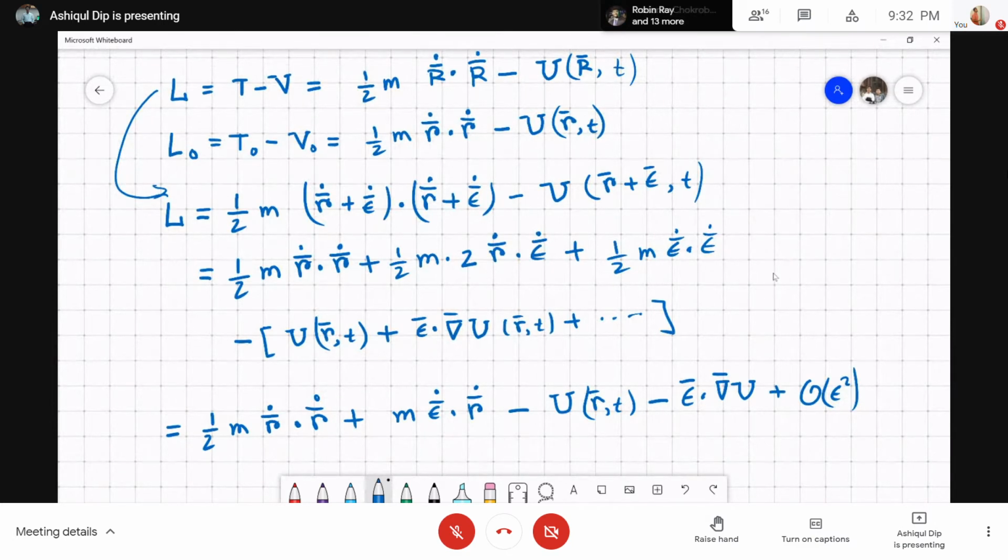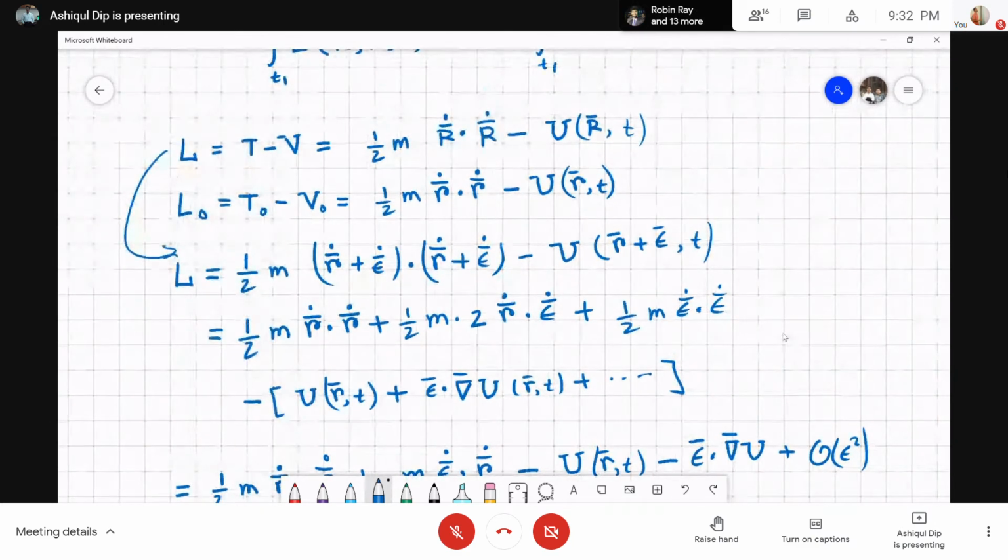If the rate of change of epsilon is big, then at the next point the difference between small r and big R would be big. So we are demanding that small r and big R are infinitesimally separated everywhere. That gives this condition, so epsilon remains small everywhere. So obviously epsilon cannot change too fast.